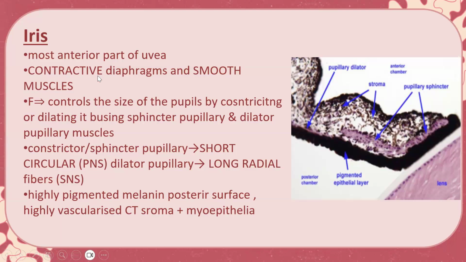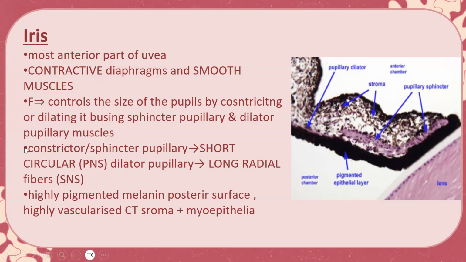It has contractile diaphragms, and it's smooth muscle, because the main function of the iris is to control the size of the pupil in the accommodation reflex, either to constrict it, to focus the light in near vision, or to dilate it to increase the amount of light entering through the pupil in far vision.